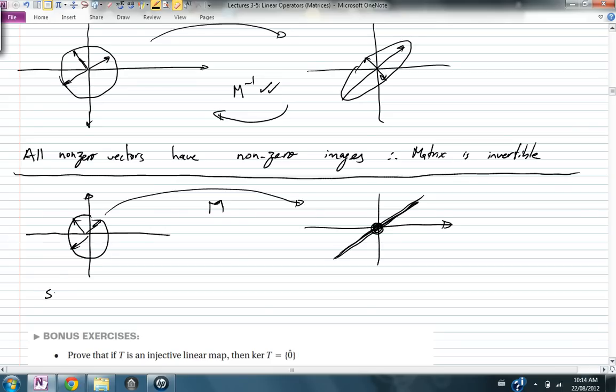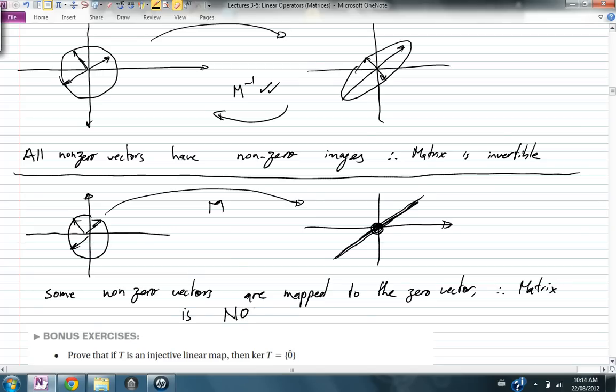So some non-zero vectors are mapped to the zero vector. Therefore, the matrix is not invertible.